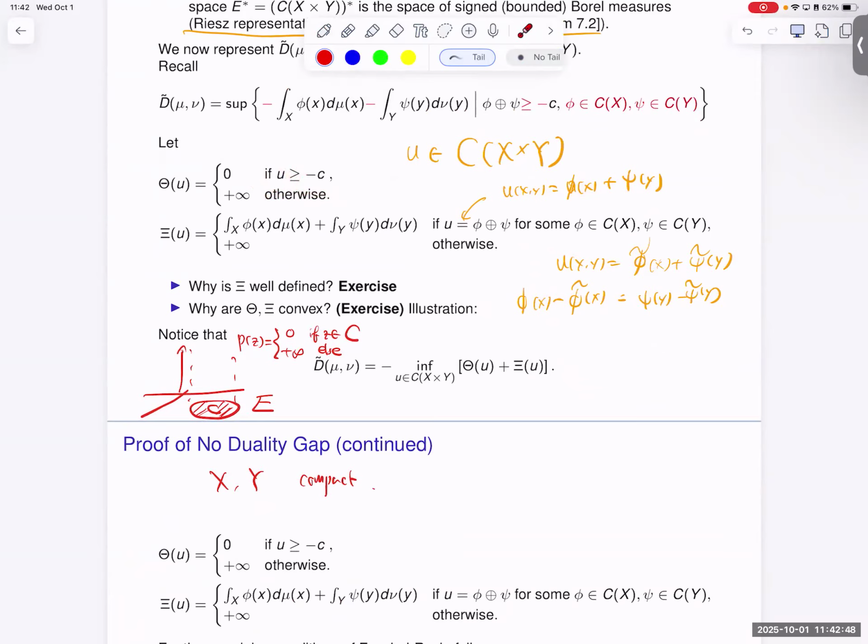Okay. Then it's a constant function. And you know that constant functions satisfy this condition trivially, right? This constant function is constant plus constant. So any constant function satisfies this condition. Good. And if you choose the constant bigger than the maximum value of negative C, then it satisfies this condition too.